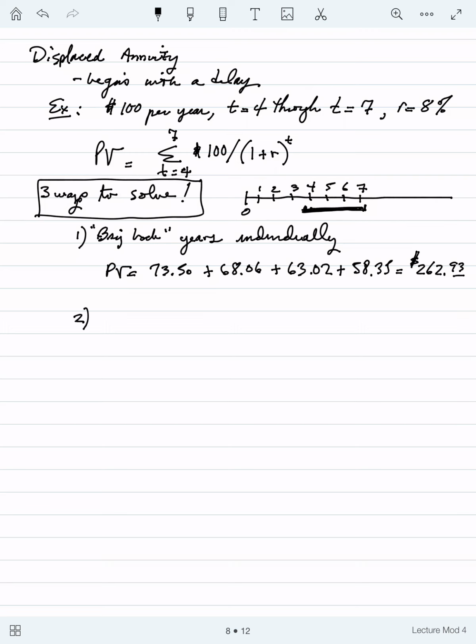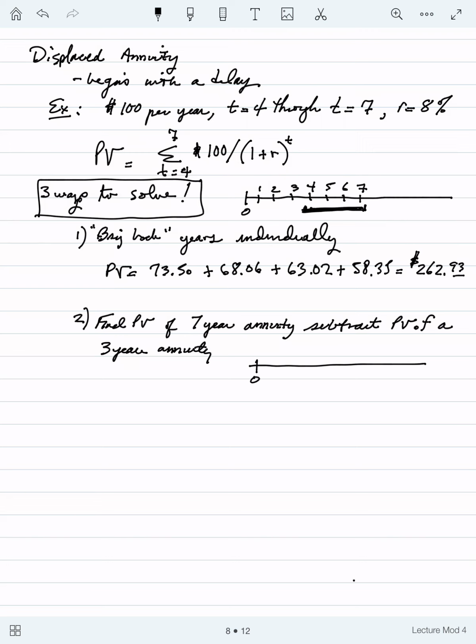So the second method is to find the present value of a 7-year annuity and subtract the present value, right, of a 3-year annuity. So you do the full 7 years and subtract the present value of a 3-year annuity. So now the timeline is like, okay, 0.